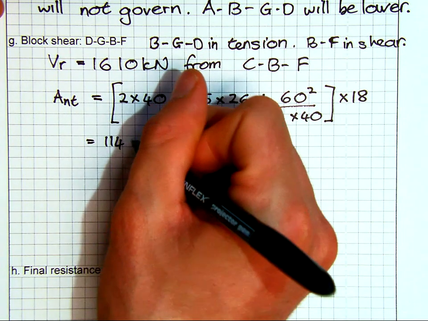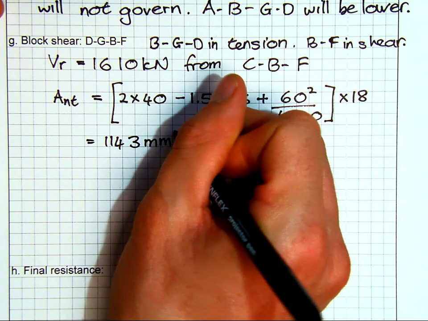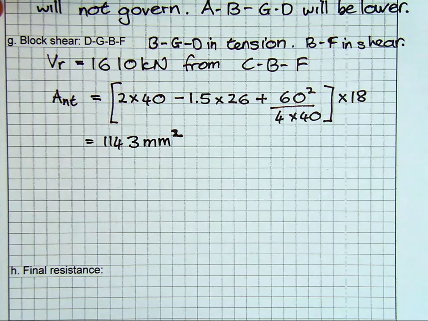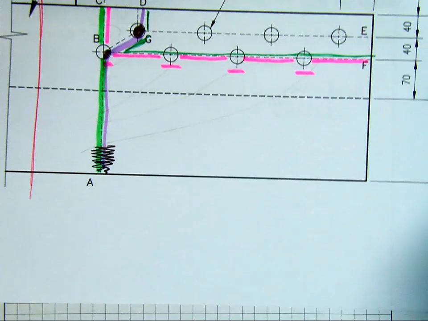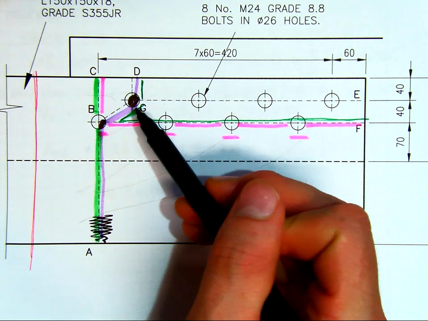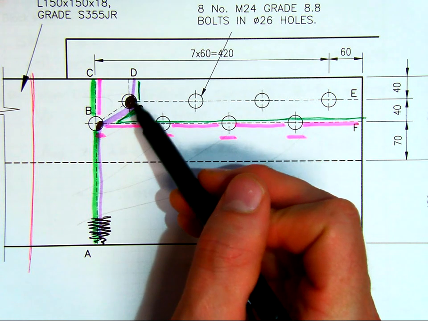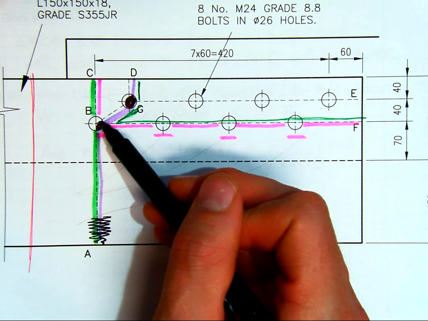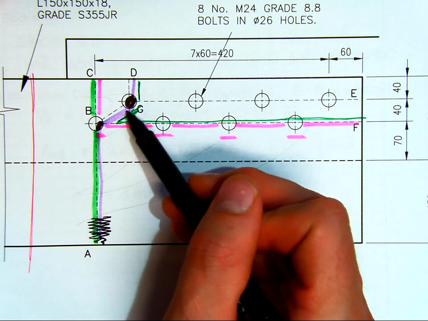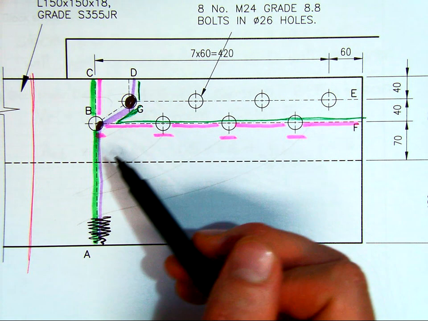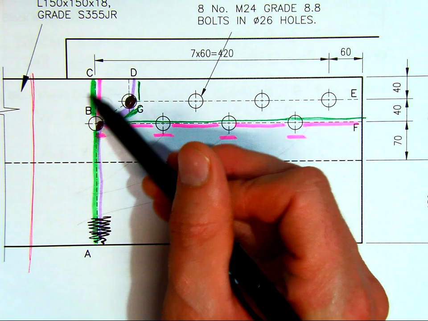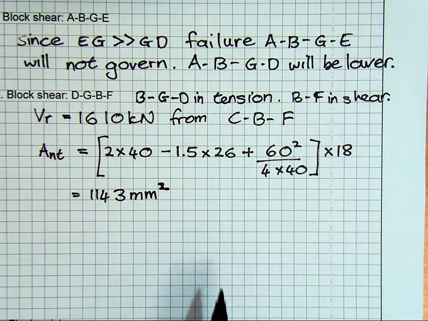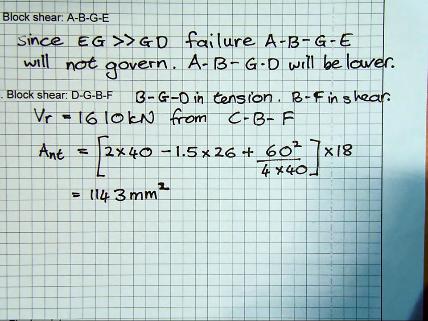So we have a total area of 1143 millimeters squared. So just to come back to that, we took our failure plane along that line, which is 2 times 40 minus 1.5 bolt holes, half and 1 going through, and then adding on for the sloped bit, S squared over 4G, then multiplying that entire width by the thickness of 18 mils, and we have our tensile capacity.